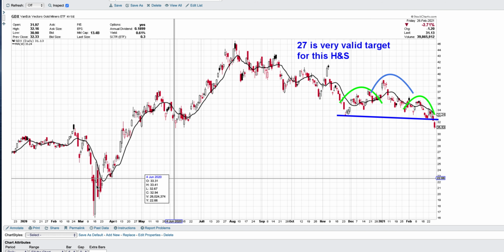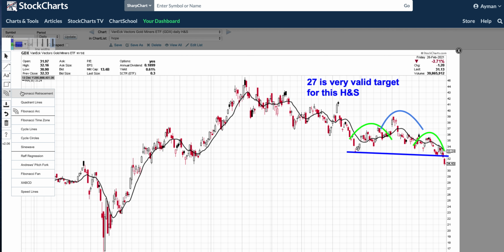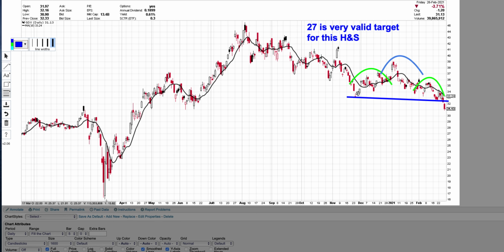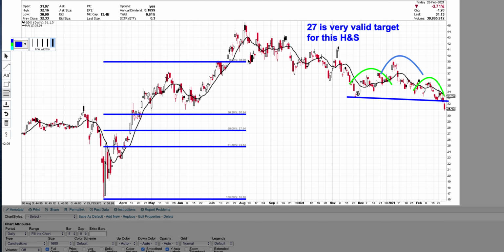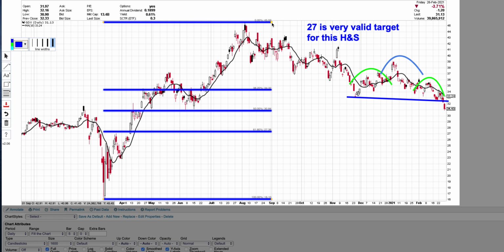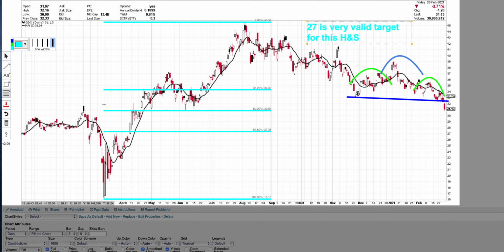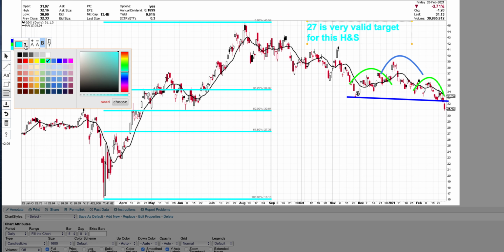And if you run a Fibonacci retracement from this low to this high, you will find, let's look at this one. Okay, no, go back to blue.